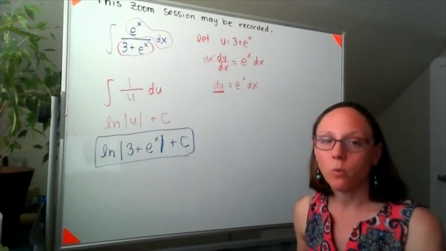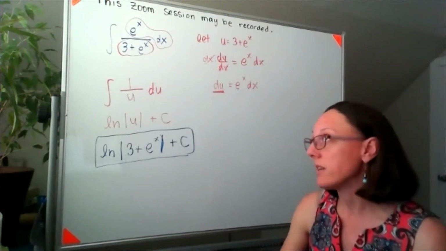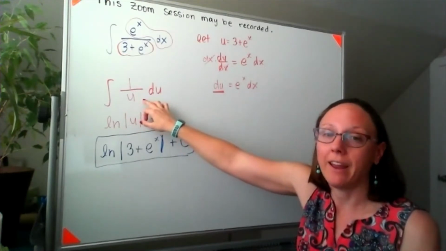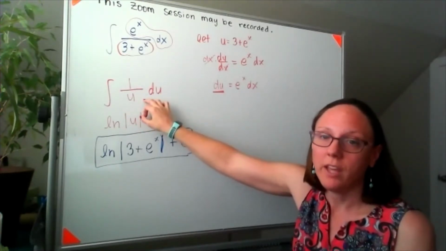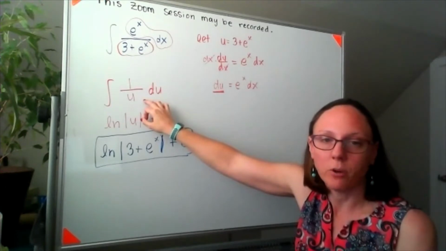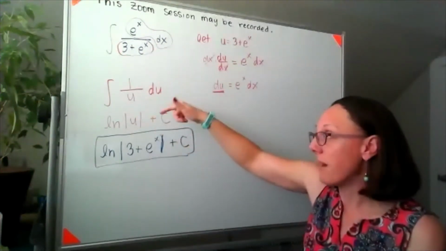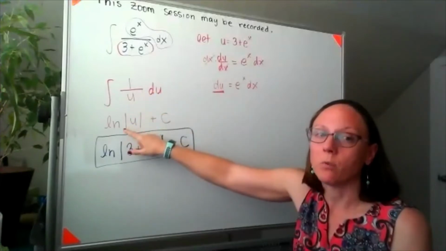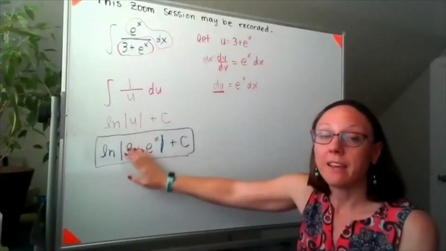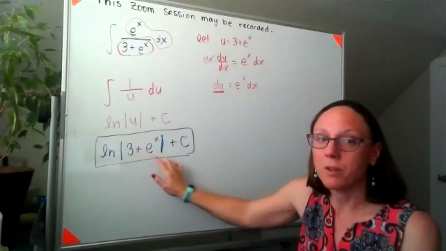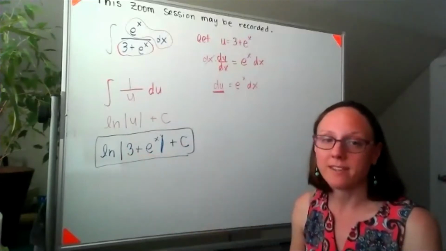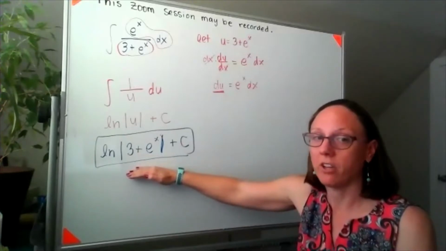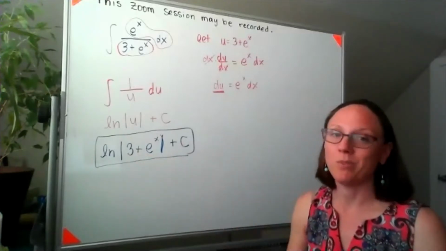So the domain of 1 over u is that u can take all values except 0, but the domain of ln without the absolute value would only take positive values. So to make the domains match, when we write the antiderivative of 1 over u du, we write it as absolute value. In this particular case, 3 plus e to the x is always positive. So for this particular integral, I don't need the absolute value, but it's better to just leave it there each time.